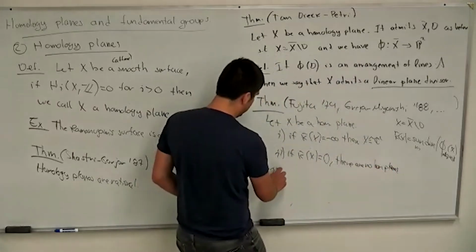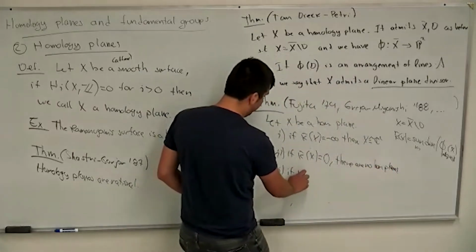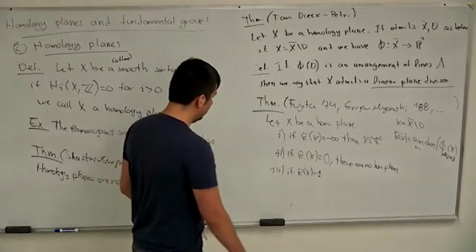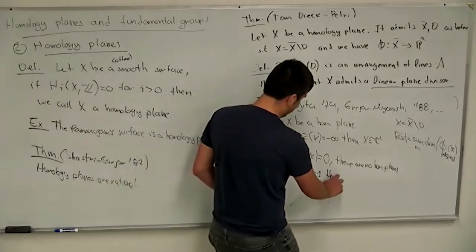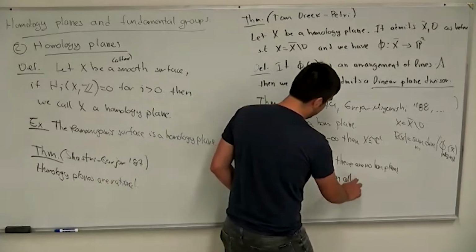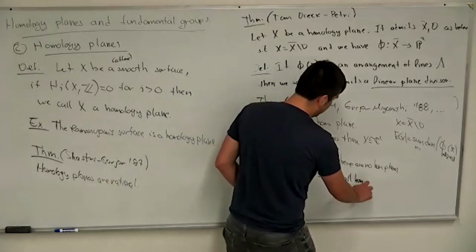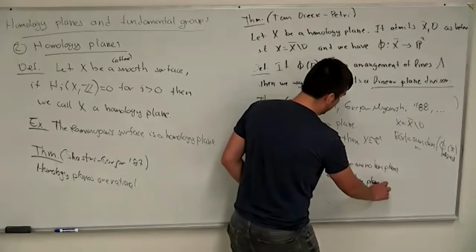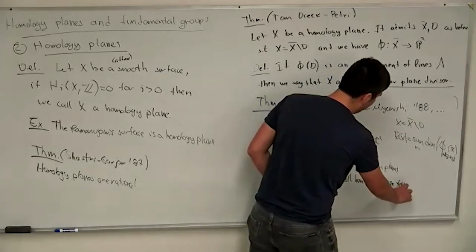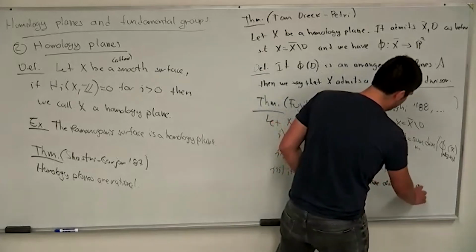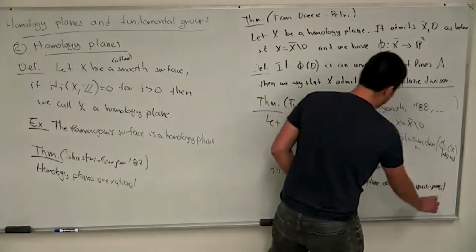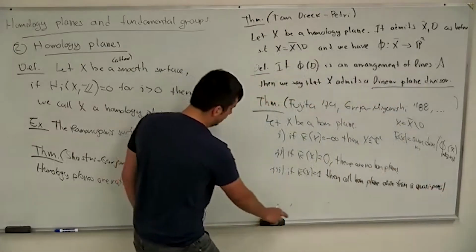And now, if we have logarithmic Kodaira dimension equal to 1, then all homology planes arise from something called a quasi-pencil. So this quasi-pencil is something like this.